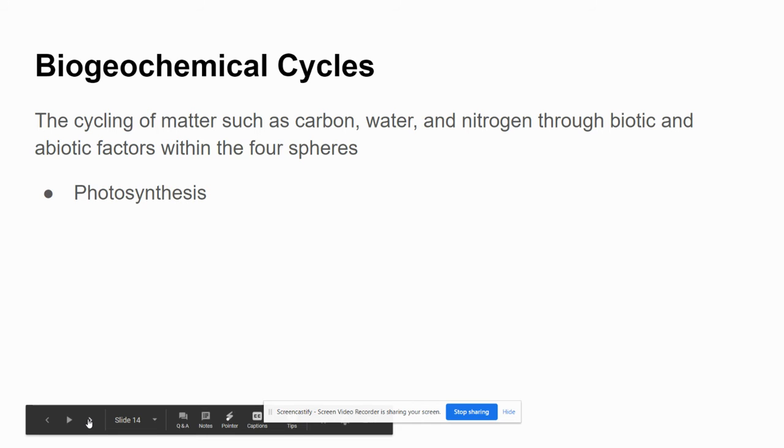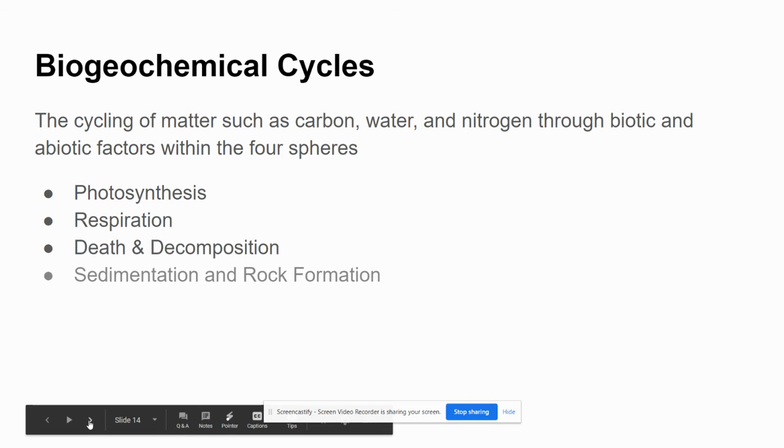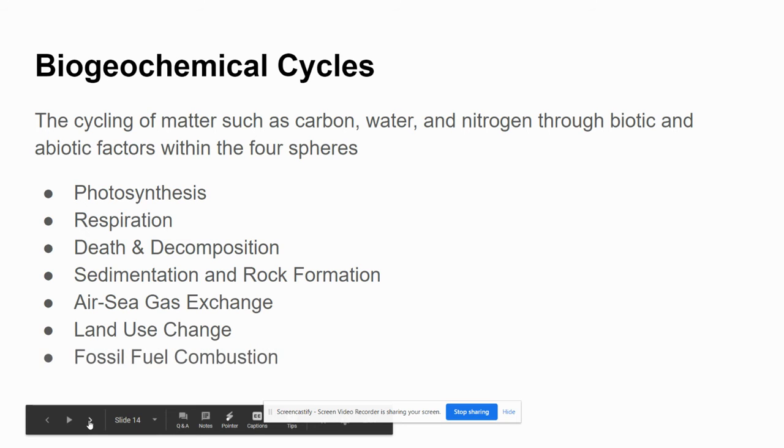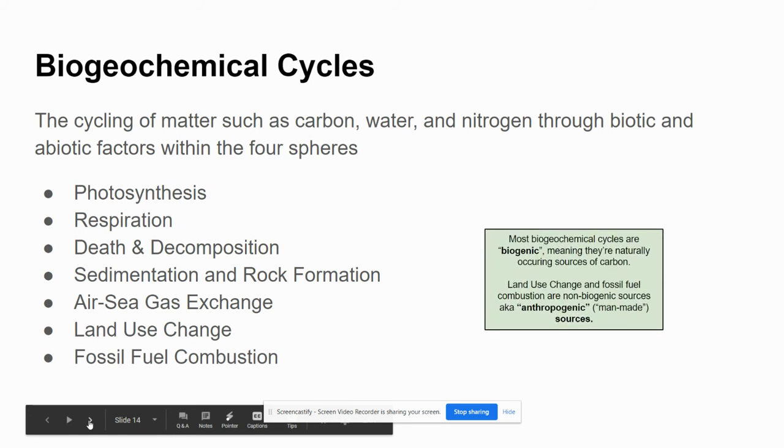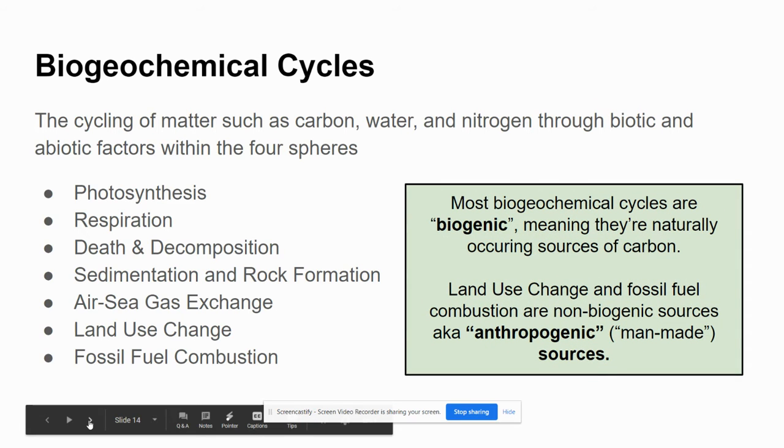This involves several processes, and those are photosynthesis, respiration, death and decomposition, sedimentation and rock formation, air-sea gas exchange, land use change, and fossil fuel combustion. So the first five of these, photosynthesis, respiration, death and decomposition, sedimentation and rock formation, and air-sea exchange, are all biogenic. What does biogenic mean?